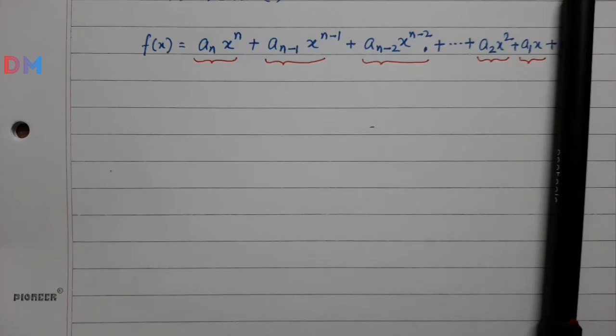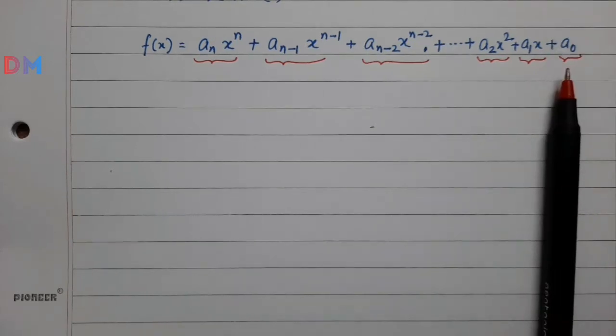Now up to this, all the terms are called variable terms, because with each and every term a variable is involved. But in this term there is no variable, or we can say that a_0 is multiplied with x to the power 0, so that is why there is no variable. So this term is called the constant term.